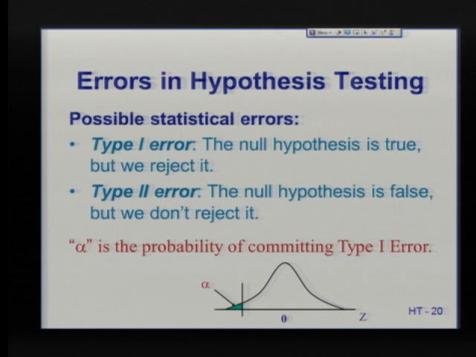And that also tells us why a lot of people always use 5% or 1% as a critical value, as a level of significance. They don't want to use 20% or 30%. If you use 20% or 30%, you're more likely to reject the null hypothesis, right? But it also means that you have a higher possibility of committing a type 1 error. That's not what you want to do, right?